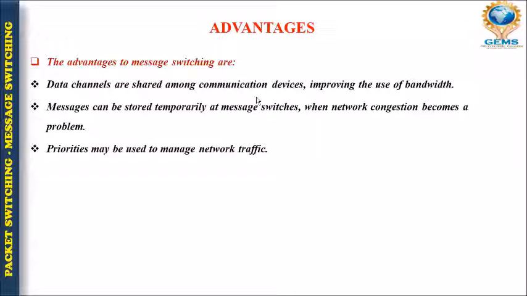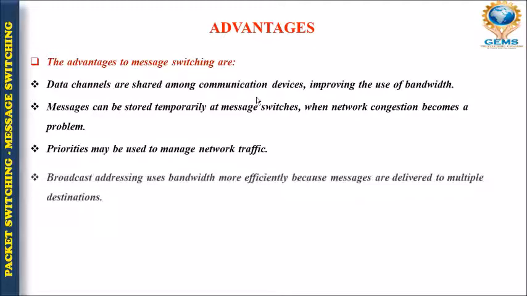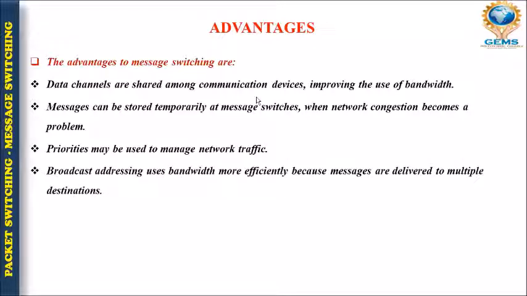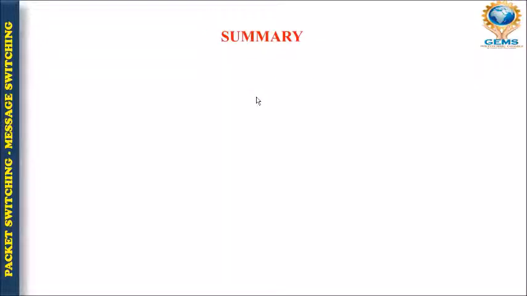So it is also used to manage network traffic. And broadcasting addresses use the bandwidth more efficiently because the message is delivered to multiple destinations. That means in message switching, broadcasting is also applicable.